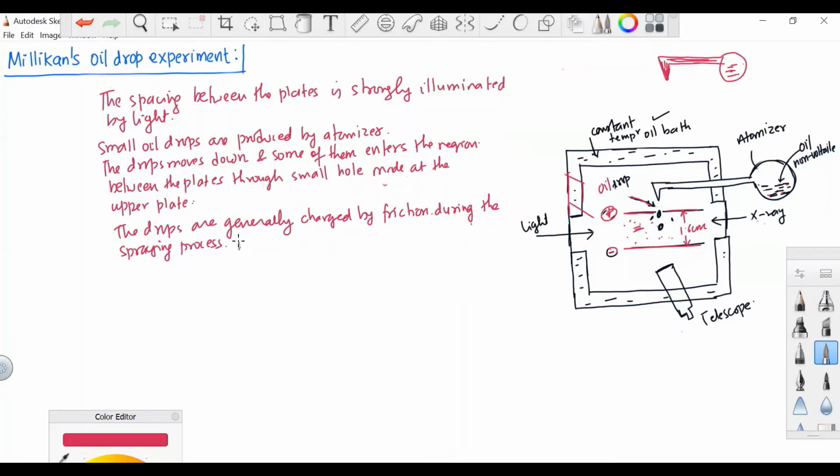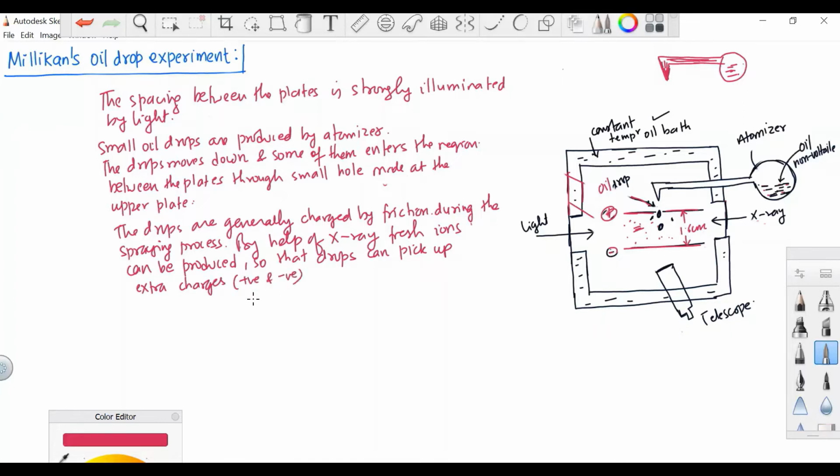So I'm writing, by help of X-ray, fresh ions can be produced so that drops can pick up extra charges, that is positive and negative.